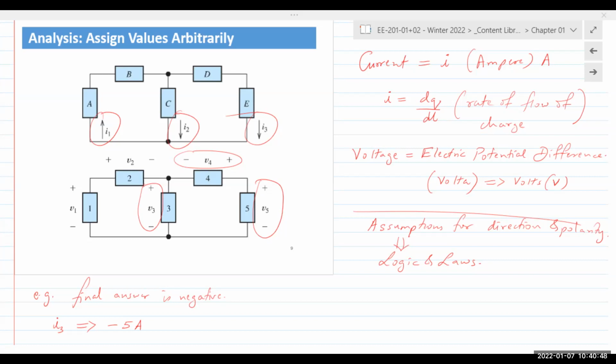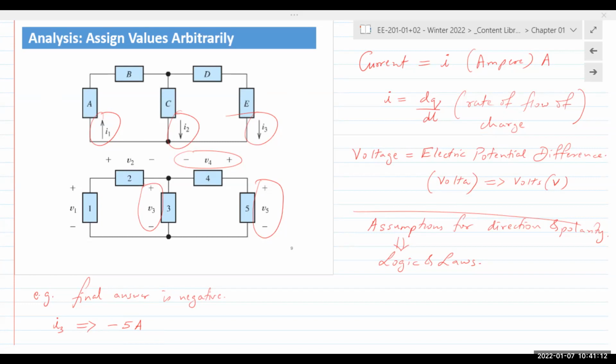So the takeaway point from here is no matter what you choose, no matter what you assume at the beginning of the problem, as long as you're consistent within the problem itself, your answer will always turn out to be correct. Okay. So if you choose I3 as going down, your answer comes out to minus 5 amps.